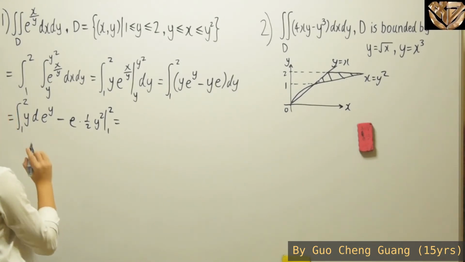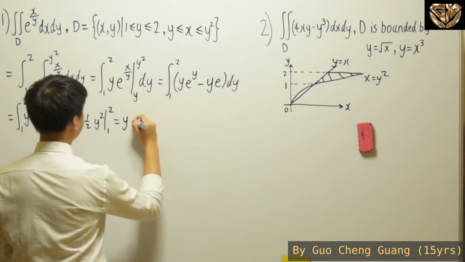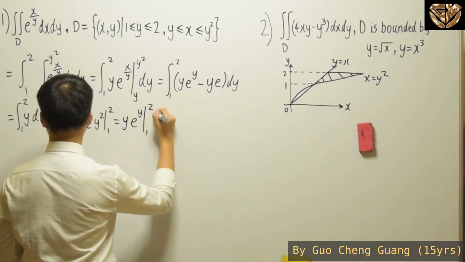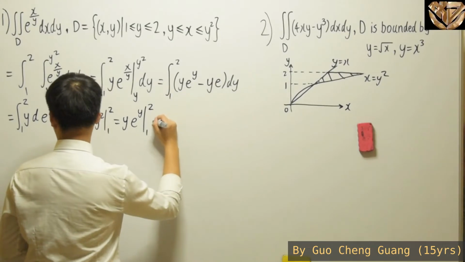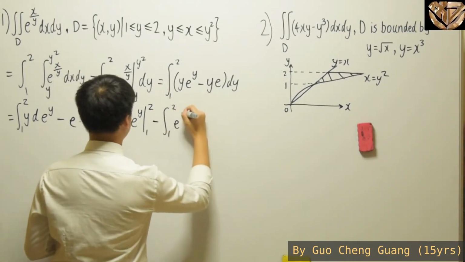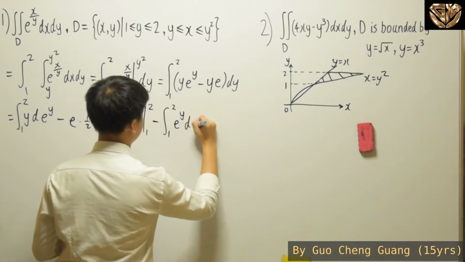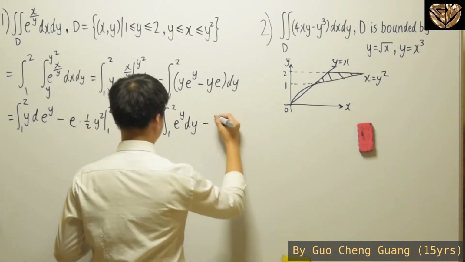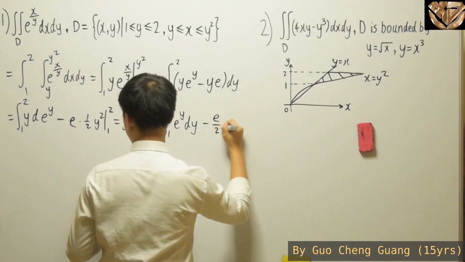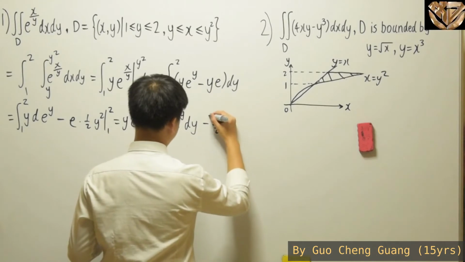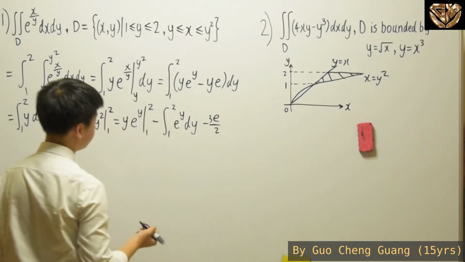Now take a look at our first term again, y e to the power of y, substituting the values of 1 and 2. Then you subtract the integral from 1 to 2 of e to the power of y dy. And then once again subtract e over 2, since 4 minus 1 is 3, so 3e over 2.